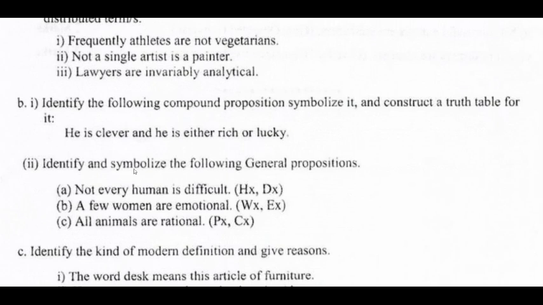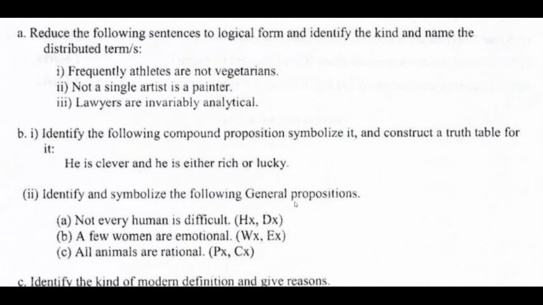Here, what we are going to learn is to identify and symbolize the general propositions. First, we identify what kind of proposition it is, and we also symbolize it. So, this way we can score 12 marks here.